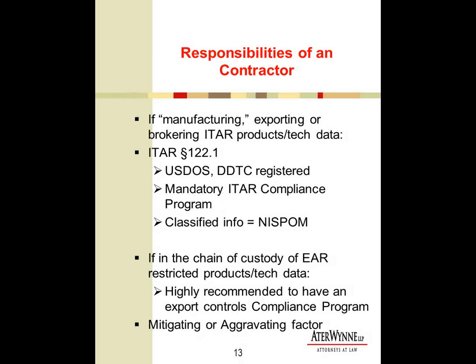And the ITAR says that if you're simply manufacturing and brokering ITAR products, as well as directly exporting them, but key for contract manufacturers is to understand that any form of manufacturing brings you as a contract manufacturer under the ITAR and subject to the regulations of the International Traffic in Arms Regulations if you are manufacturing in any way an ITAR product or dealing with ITAR technical data.